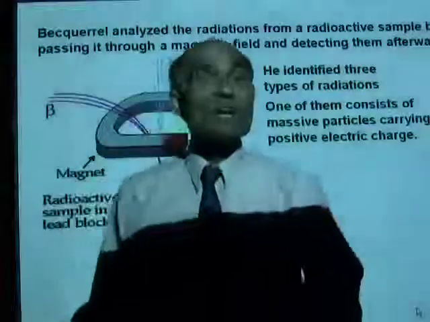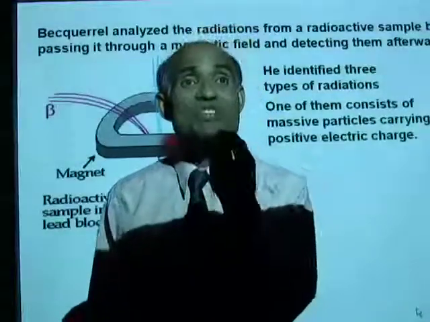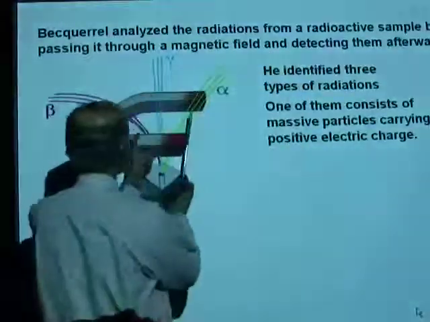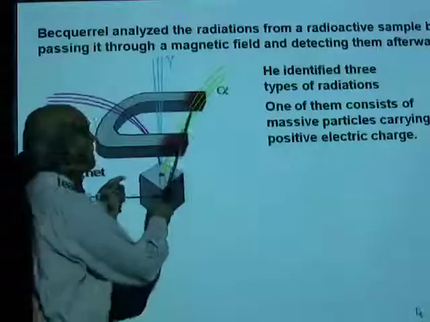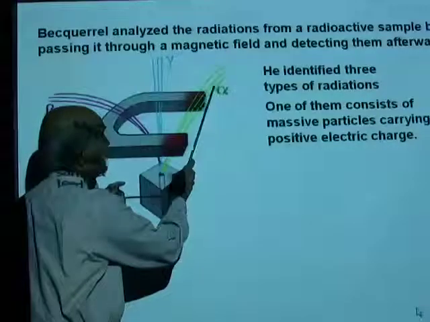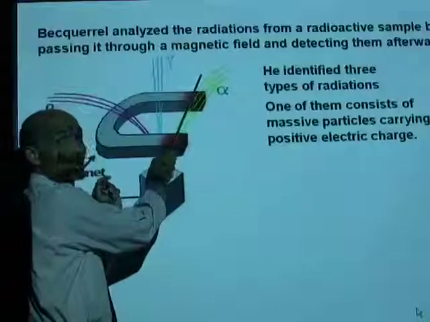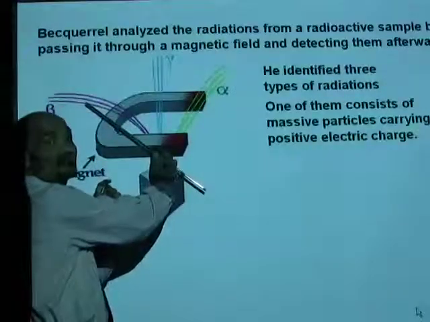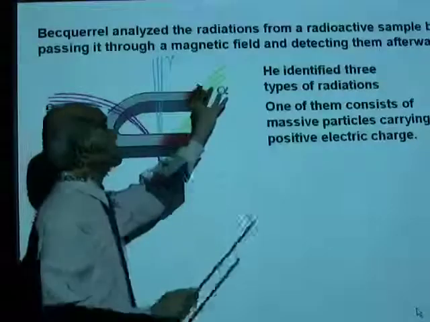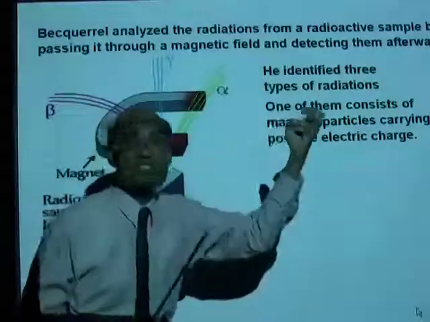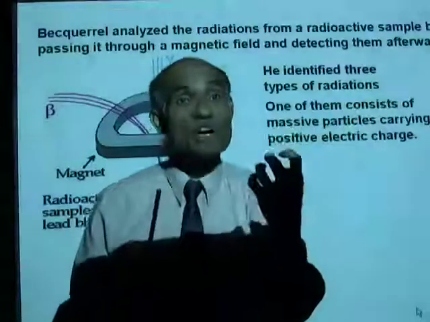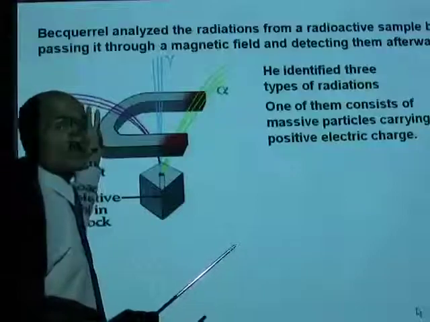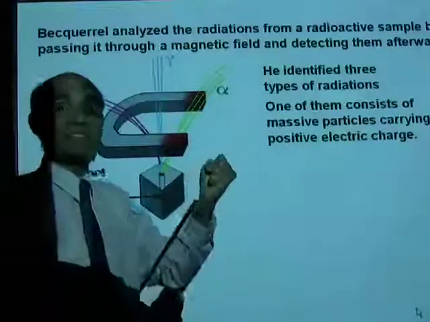One of them consists of massive positively charged particles. How do you know they are massive? If you look at this picture, these particles deflected to the right did not suffer as much deviation as the particles on the left. That suggests these particles may be massive because they did not suffer a lot of deviation, whereas the particles deflected to the left may be less massive.